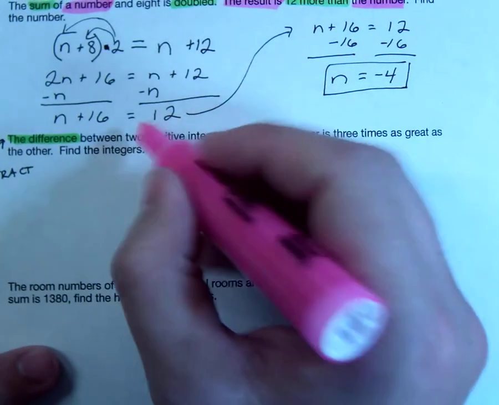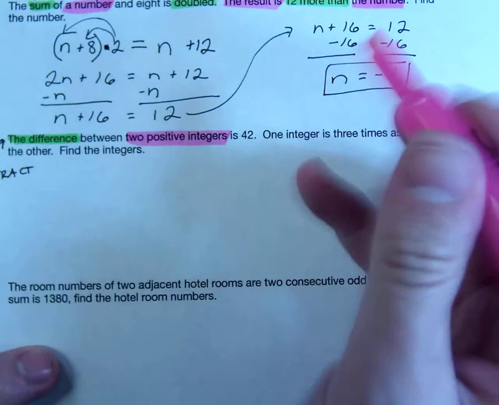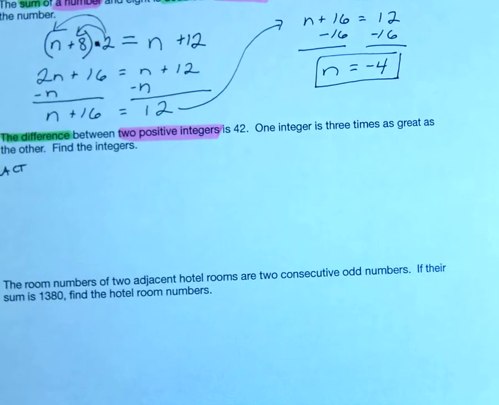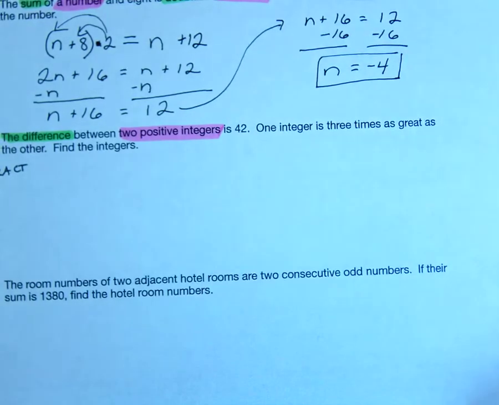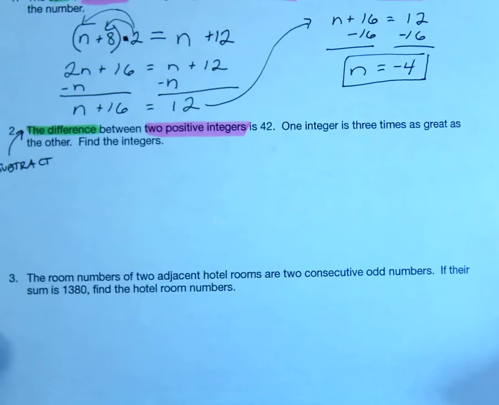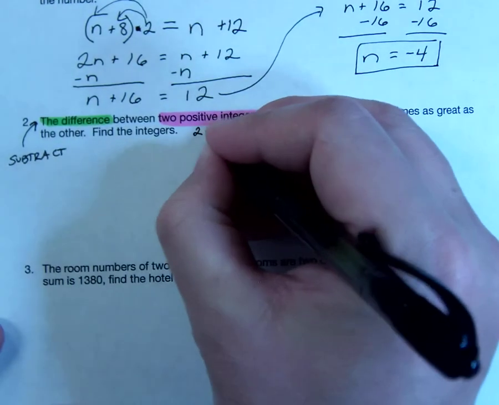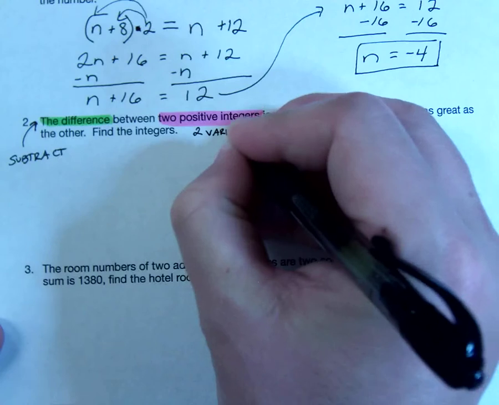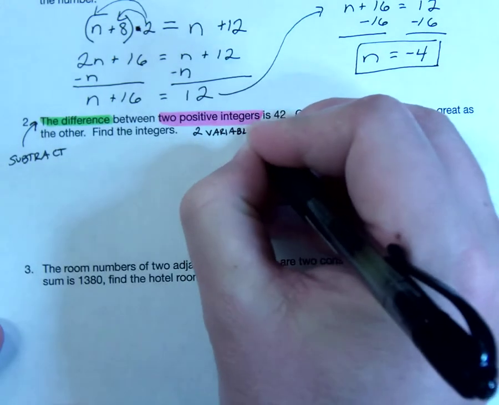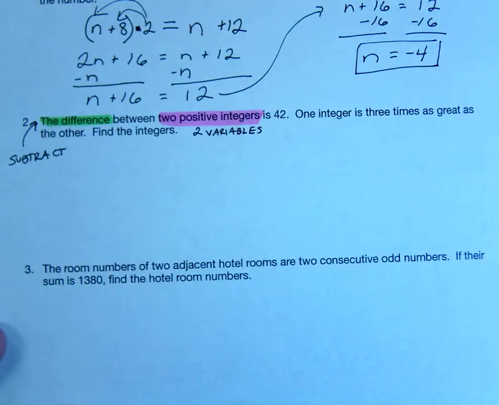Between 2 positive integers. Yeah, 2 numbers, but I don't know what either one of the numbers are, so this is going to be 2 variables. Integers means what? Numbers. Yeah, numbers. Really, it means numbers that are not decimals or fractions.